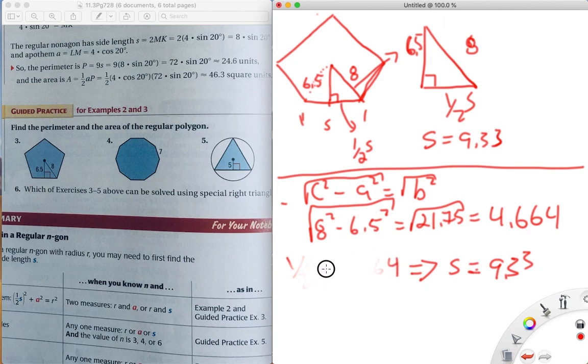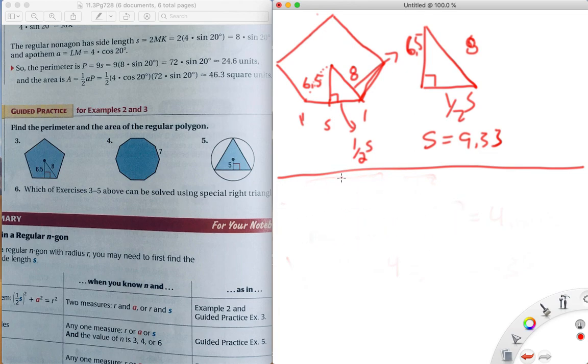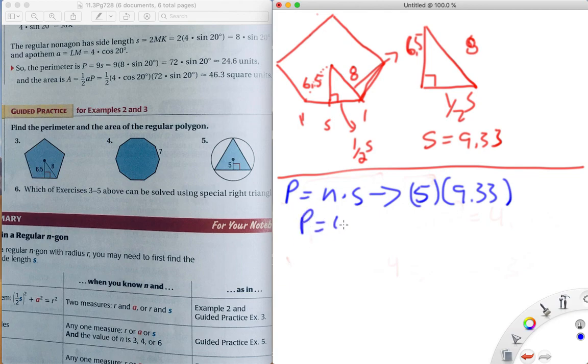So what did the book ask us to find? The book wants us to first find the perimeter. Now that we know that we have a pentagon, so there are 5 sides, we can find the perimeter. Perimeter is equal to the number of sides times the side itself. In this case, we have 5 sides, and we know now that the side is 9.33. So the perimeter is equal to 46.64.